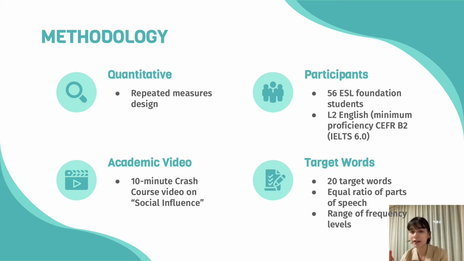These were all relevant to understanding the content of the video and were selected with equal ratio of parts of speech, and they were identified using the British National Corpus. These words were also selected from a range of frequency levels, mid to low, of 3,000 bands and above, as participants were deemed to likely have mastered the most frequent 2,000 words in the English language before attending an English medium university.